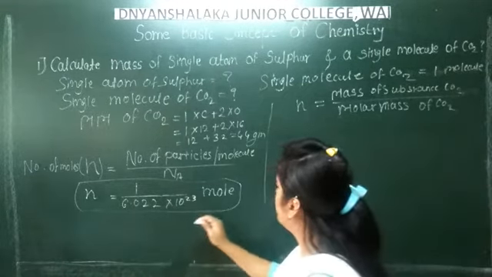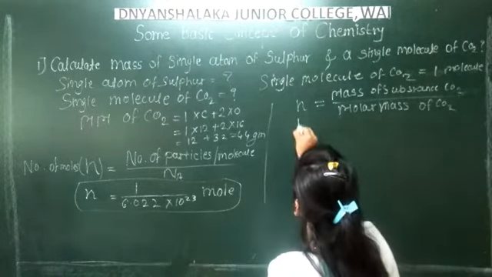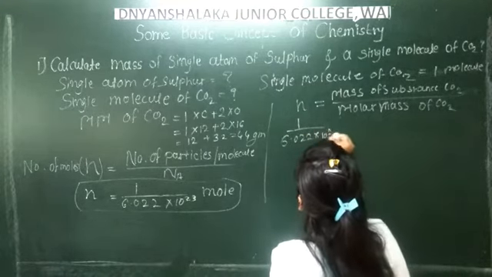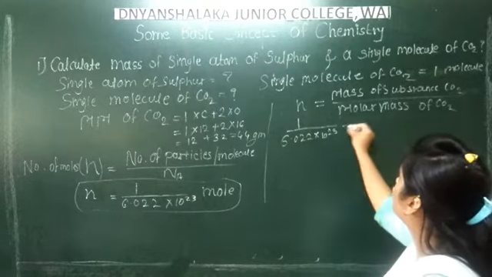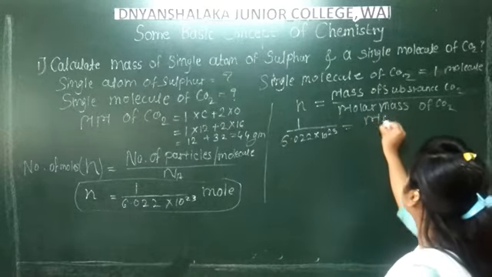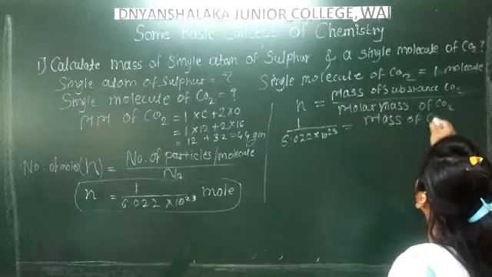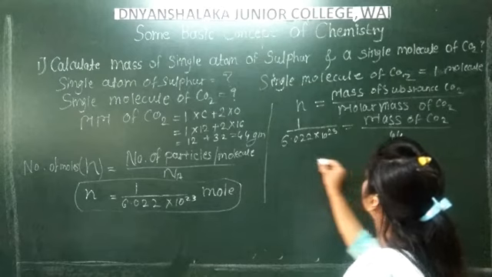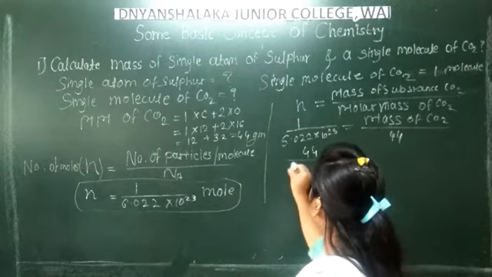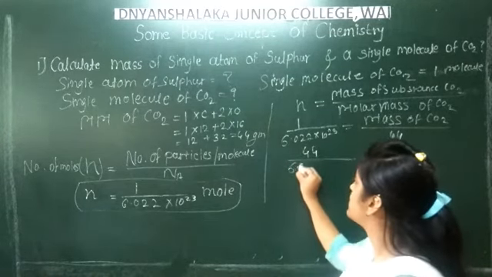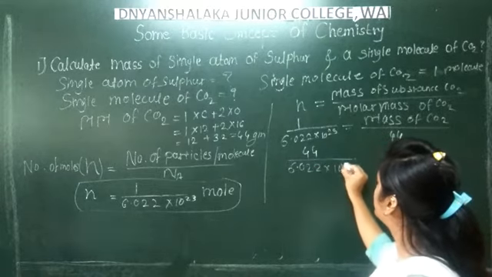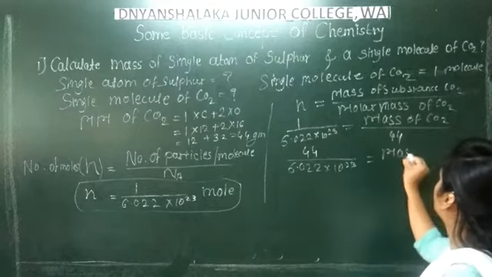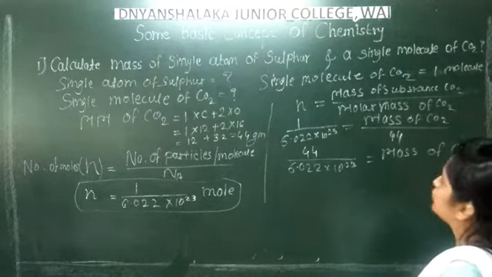So in the last part we have the number of moles, n, equal to 1 upon 6.022 into 10 raised to 23. We have to find the mass of CO2, and the molar mass of CO2 is 44 gram. On rearranging the equation we get 44 upon 6.022 into 10 raised to 23 and calculate the mass of CO2.